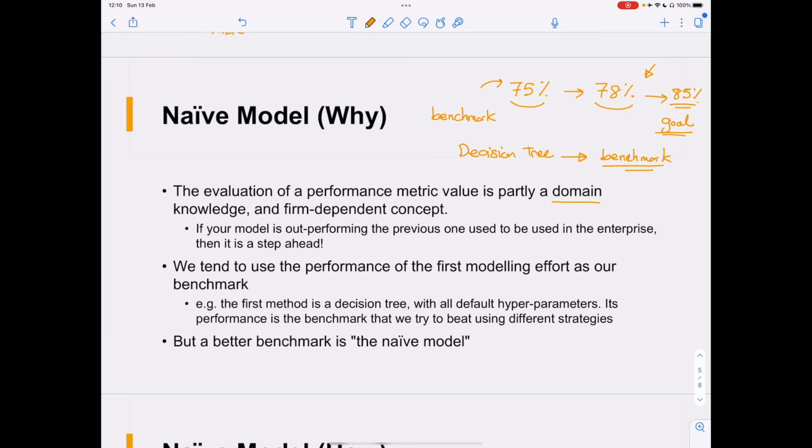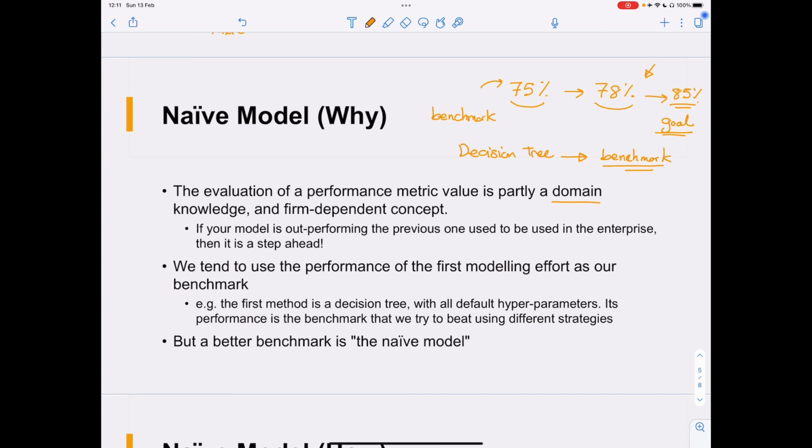So our efforts would be focused on outperforming this decision tree with all the default values for the hyperparameters, no feature engineering, and no tinkering to improve the default benchmark. This is also an acceptable practice.